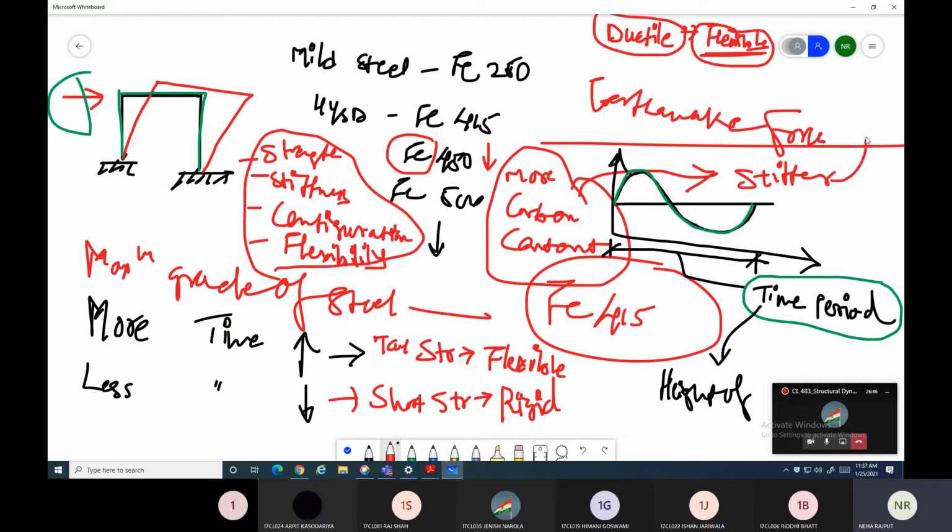And if you use that stiffer steel, it will not give you a flexible structure, or a structure which can resist the earthquake force, right? So the maximum grade of steel is Fe415, because more than that the steel has more carbon content to make the higher grade, and that more carbon content will stiffen the steel, and that stiffened steel will not give the ductile behavior of the structure itself.